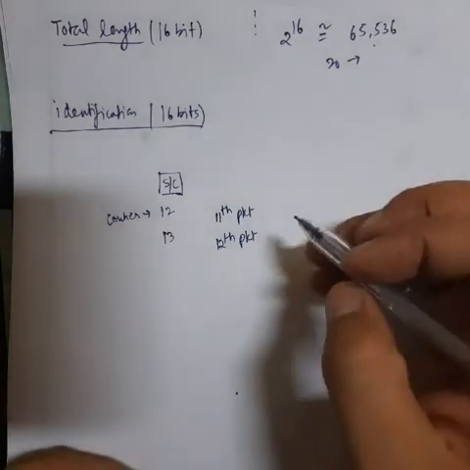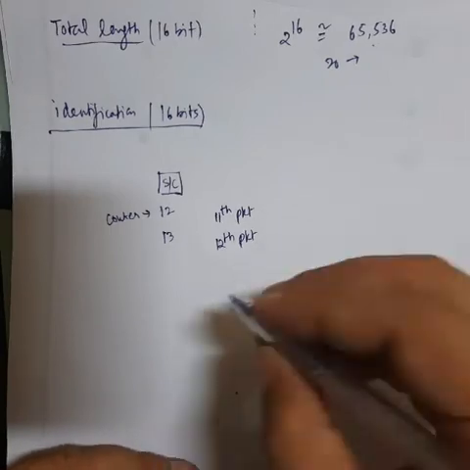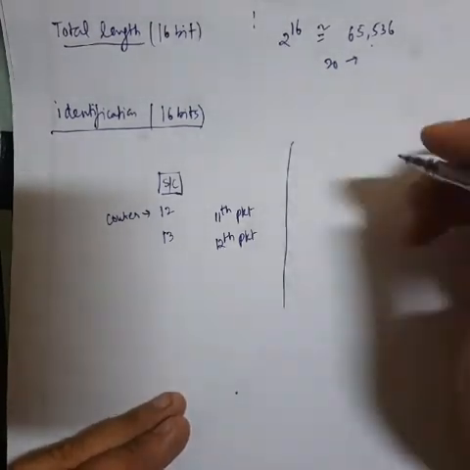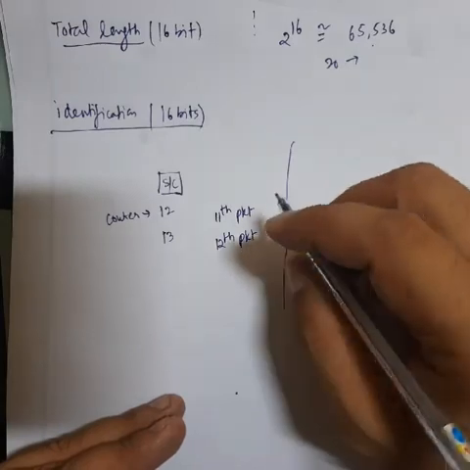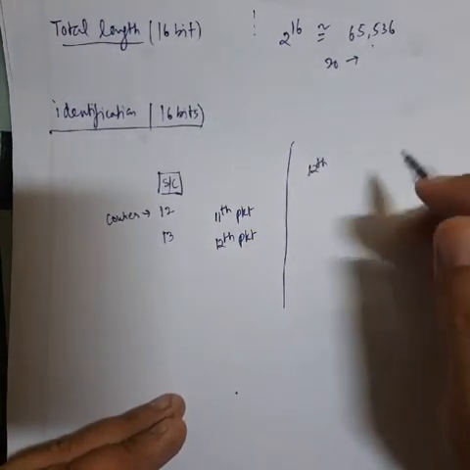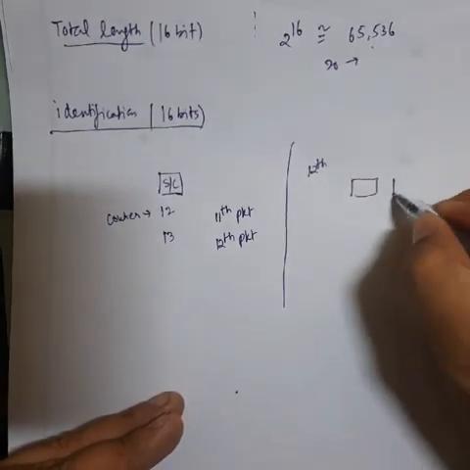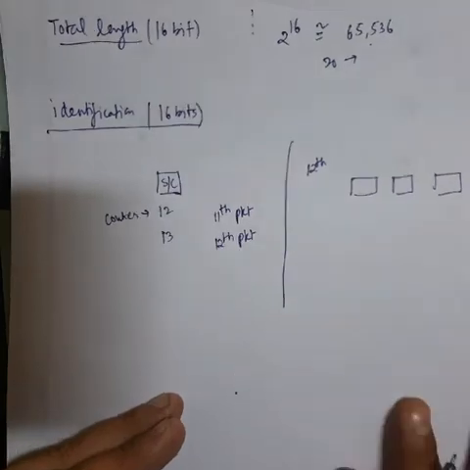One another important feature of the identification field is if a packet is fragmented in the network at any time. Suppose that the 12th packet is fragmented during transmission, into 3 segments.